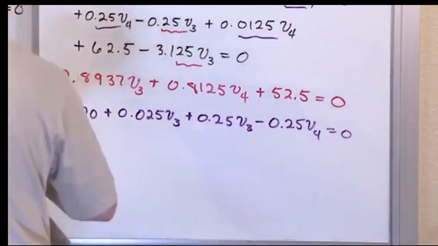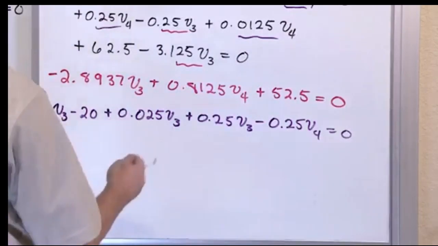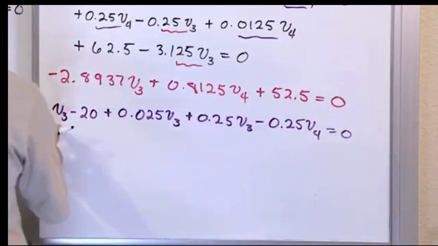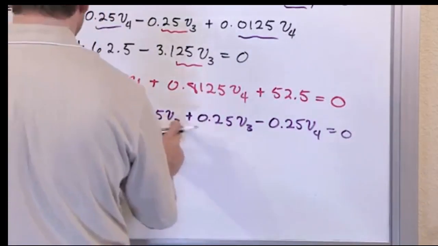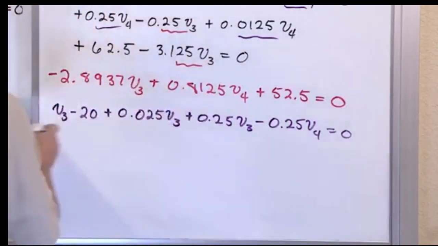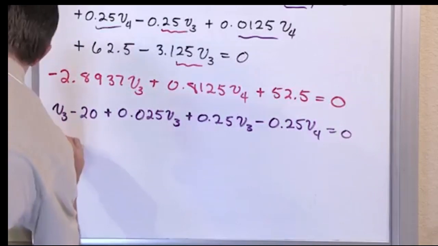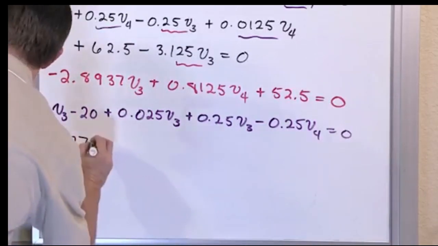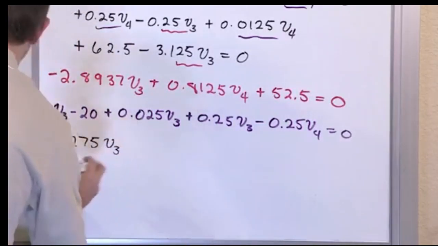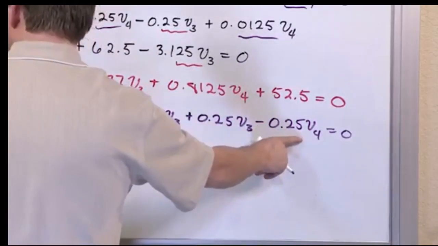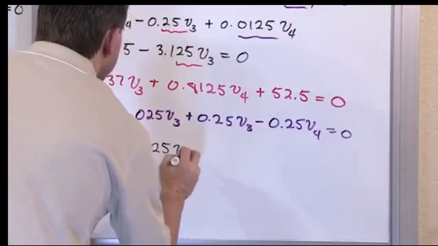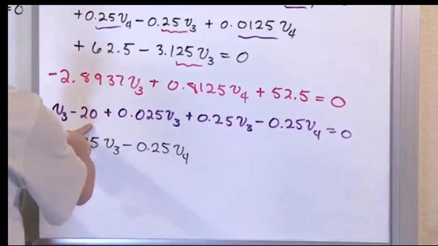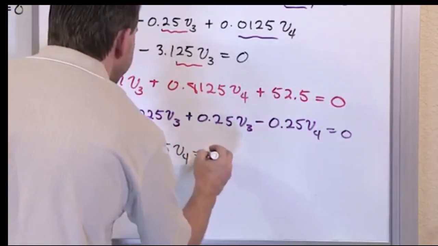So let's simplify this as follows. The V3 terms are this term, and this term. So when you take this, plus this, plus this, those 3 terms there, you will get 1.275 V3. The only V4 term we have is negative 0.25 V4. And do we have any constants? Yes, we have a 20 over here. We'll move it to the other side, 20.